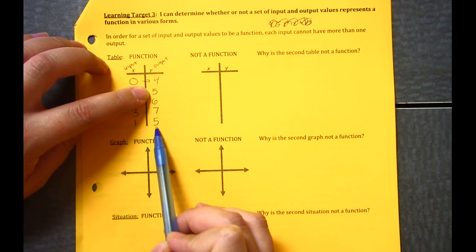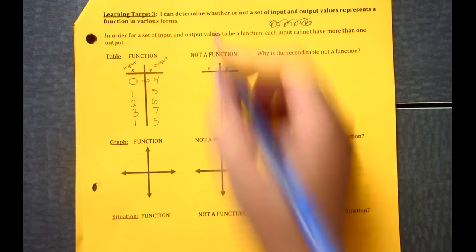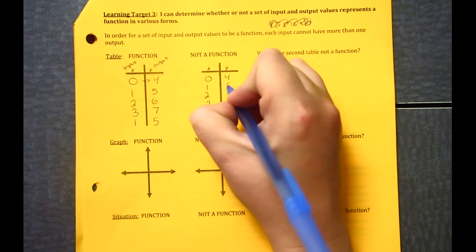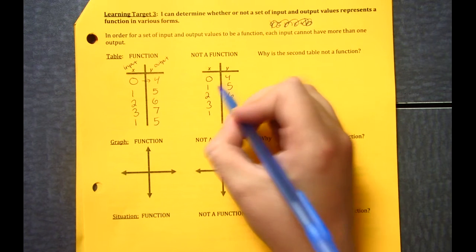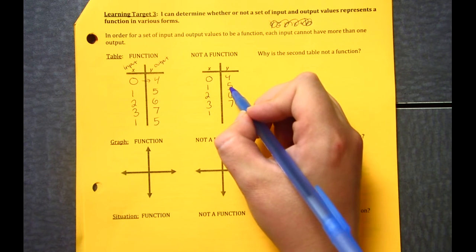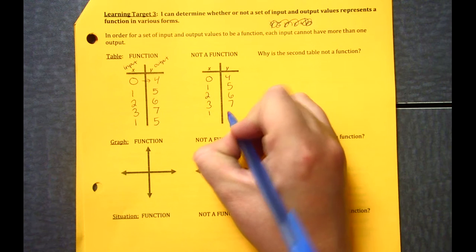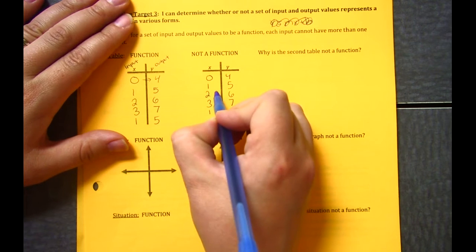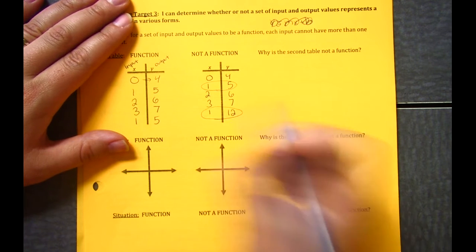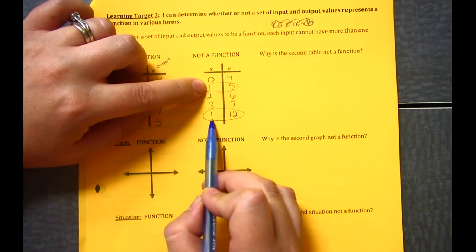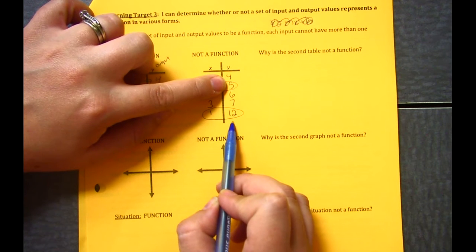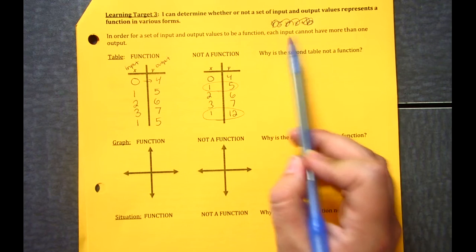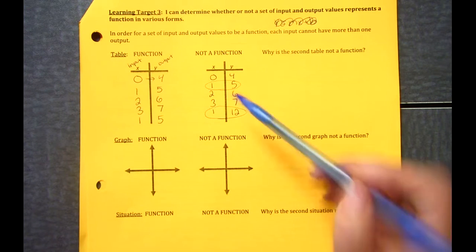So that's okay. What would not be okay is if you had that input of 1 leading to 5 here, and we'll say leading to a different number down there. This makes it not a function because you have one input that's leading to two different outputs. And in order for it to be a function, each input cannot have more than one output. Here it has 2.